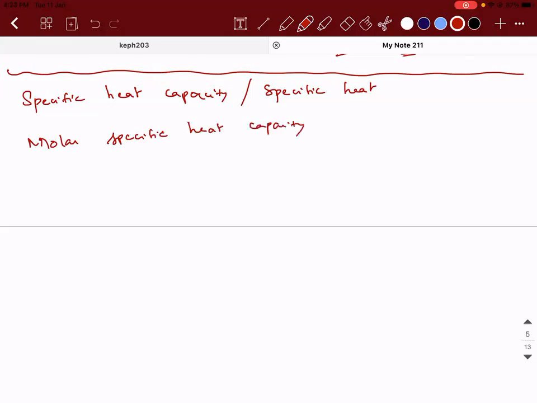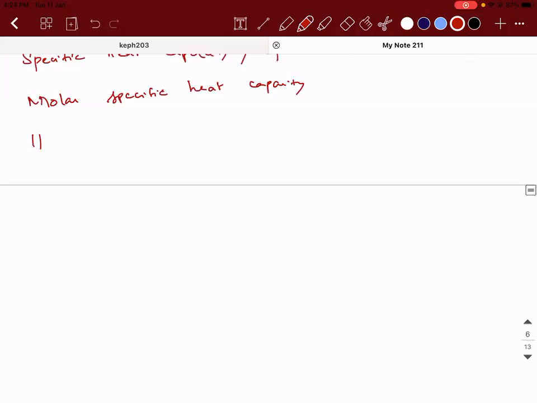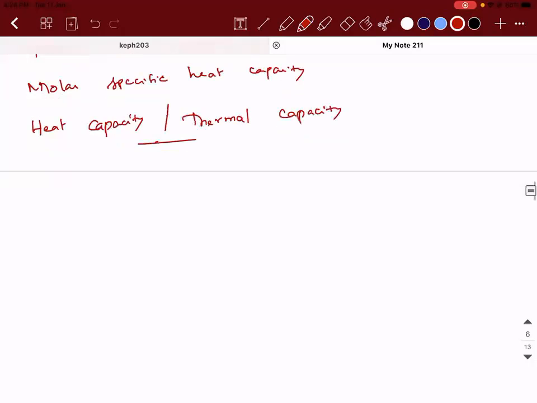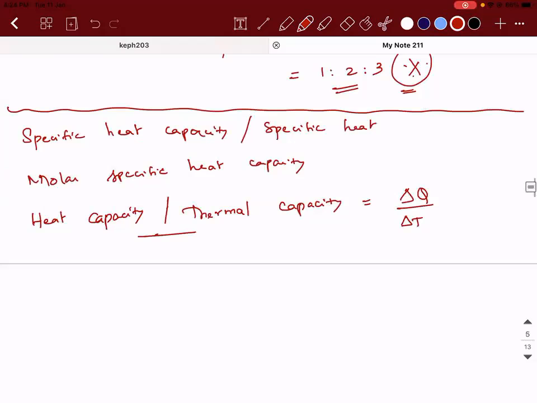The next thing that we are going to discuss is called heat capacity, or the other name for heat capacity is thermal capacity. So this definition is also almost similar. I will write the mathematical expression. You guys try to define it. Delta Q divided by delta T, whereas here it was delta Q divided by M delta T. Here it was delta Q divided by mu delta T. What is the difference between these three?